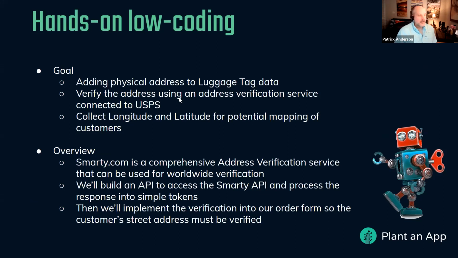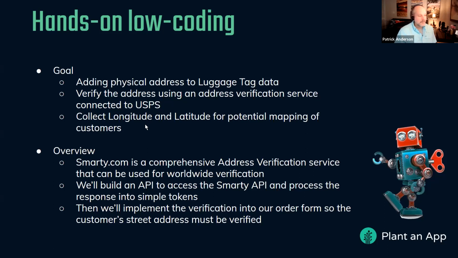So we're going to add a physical address to the data that's included for the luggage tag, and we're going to do a verification of that address with the USPS, and that's going to be done through a service called Smarty.com, and I'll take a look at that in just a second.